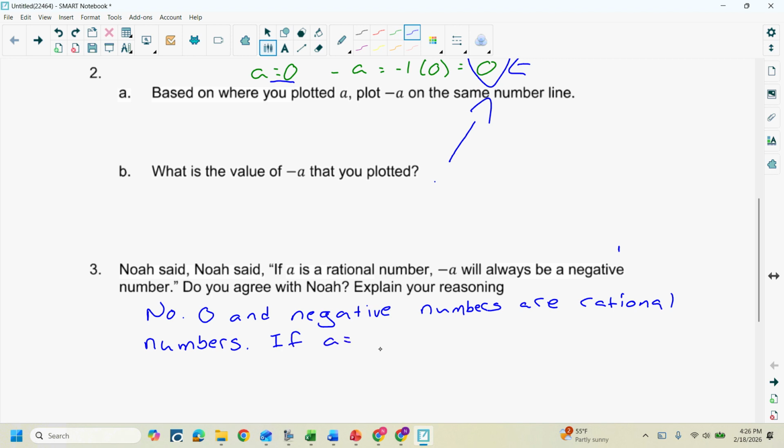If A equals a negative number, then negative A is a positive number.